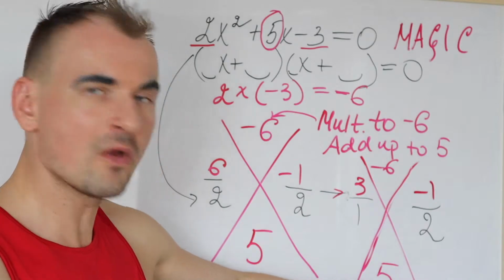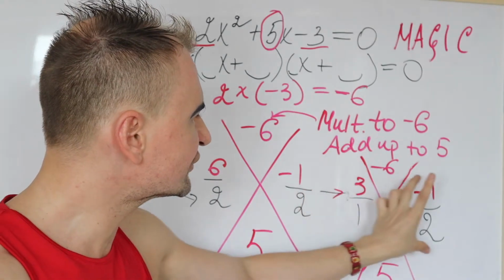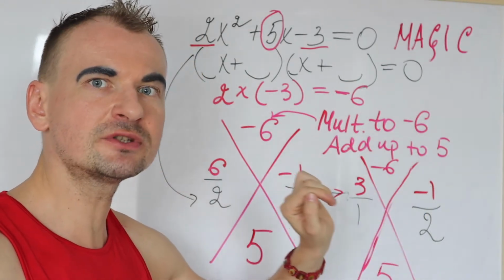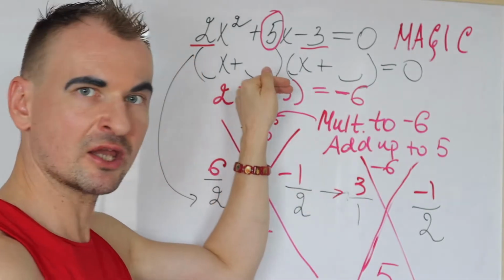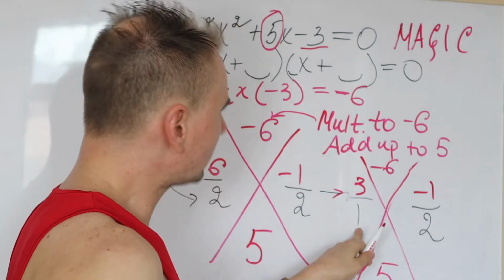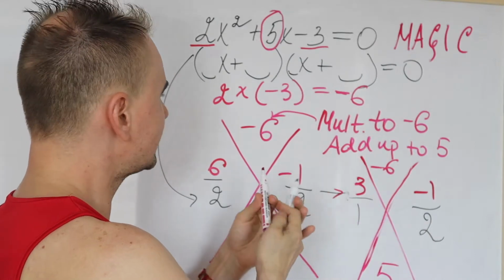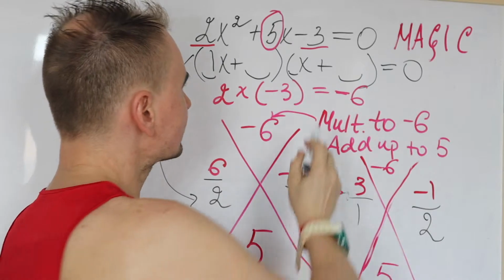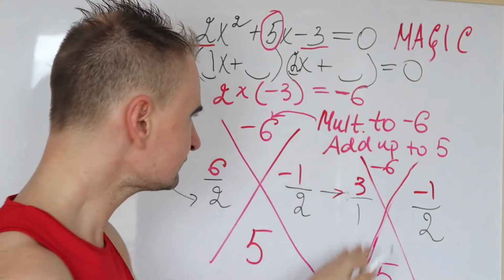Now, we're almost there, we're almost done. We're going to take these two fractions and use them to write your factoring. This bottom number 1 goes as a coefficient in front of x. This 2 goes as a coefficient in front of x.